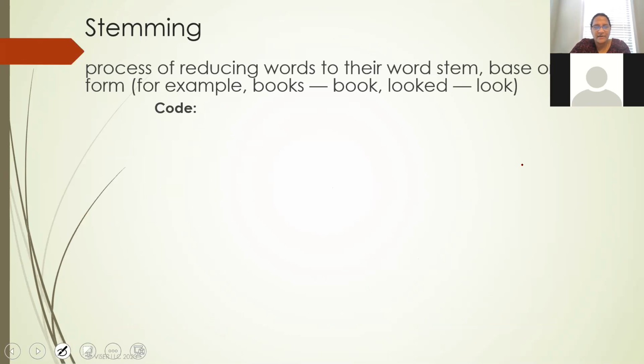Okay, now stemming. Stemming is basically reducing a word, because it's quite possible that a word is used in different forms. Stemming reduces the word into its base form and gets rid of the extra alphabets. So in books, looks or looked, it just got rid of the endings.